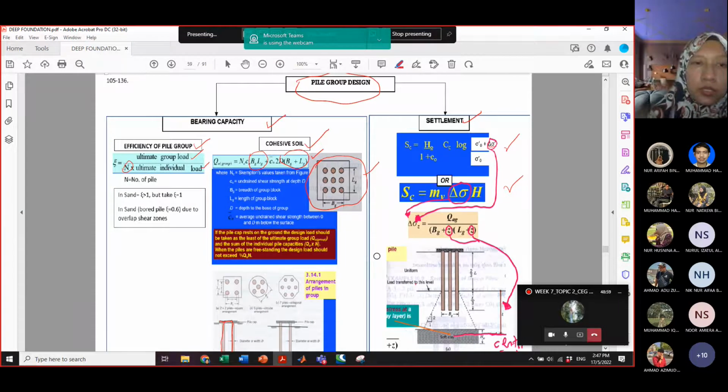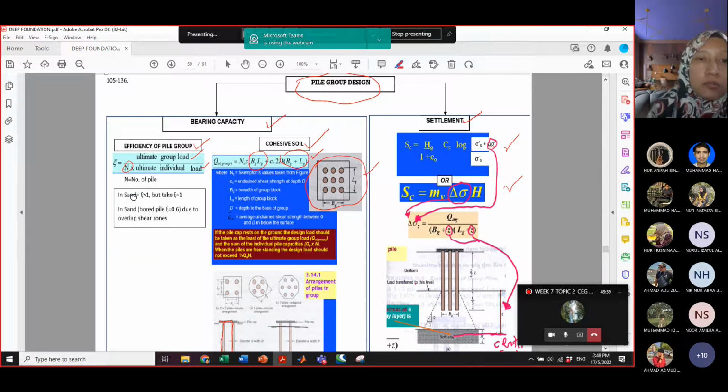So how to calculate the efficiency of the pile group depends on the ultimate group load and also the ultimate individual load. For example, if you have a pile group in sand with efficiency more than 1, actually we only take the efficiency as equal to 1. But if it is a bore pile in sand with an efficiency of 0.6, this is due to the shear zone developed. So the efficiency of the pile group needs to be calculated from the individual pile.